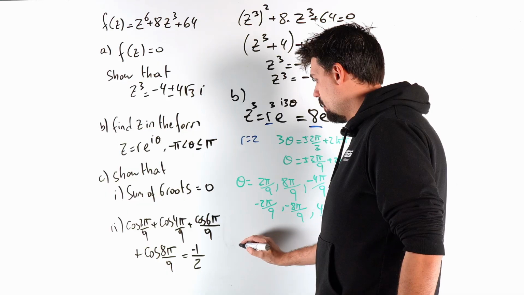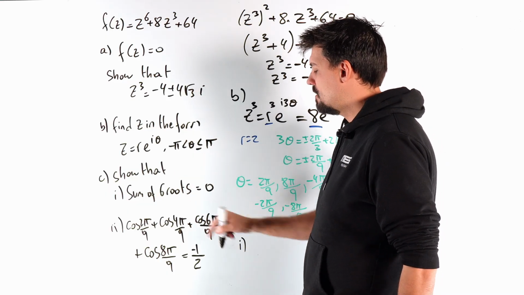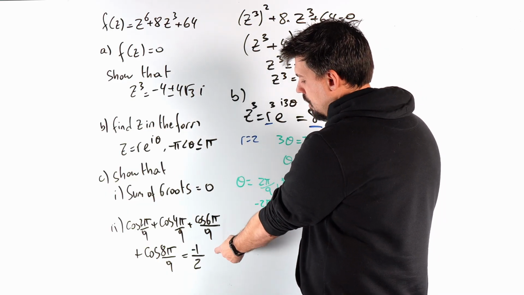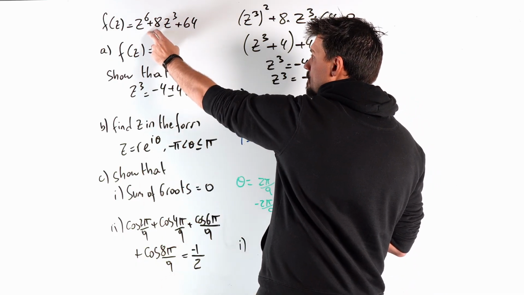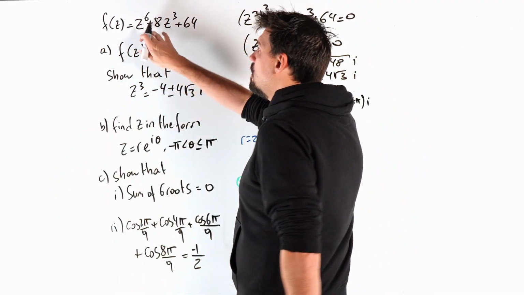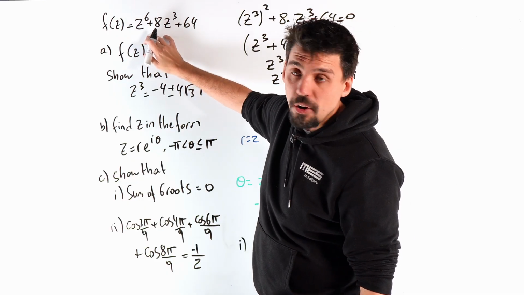Now, one thing we're going to go with here is part C, part 1, and then we're going to think about this properly: the sum of the 6 roots. Well, if we look at this polynomial, this is where we're bringing in, again, the roots of polynomials that we know.